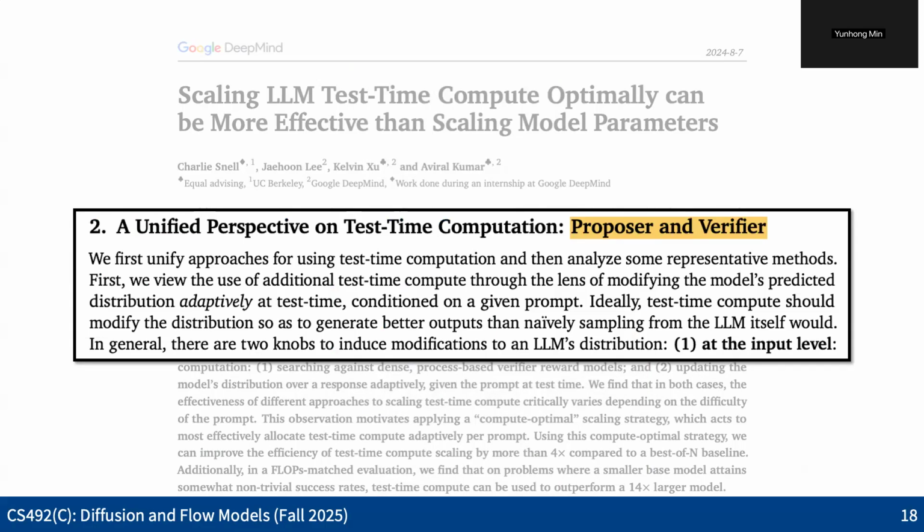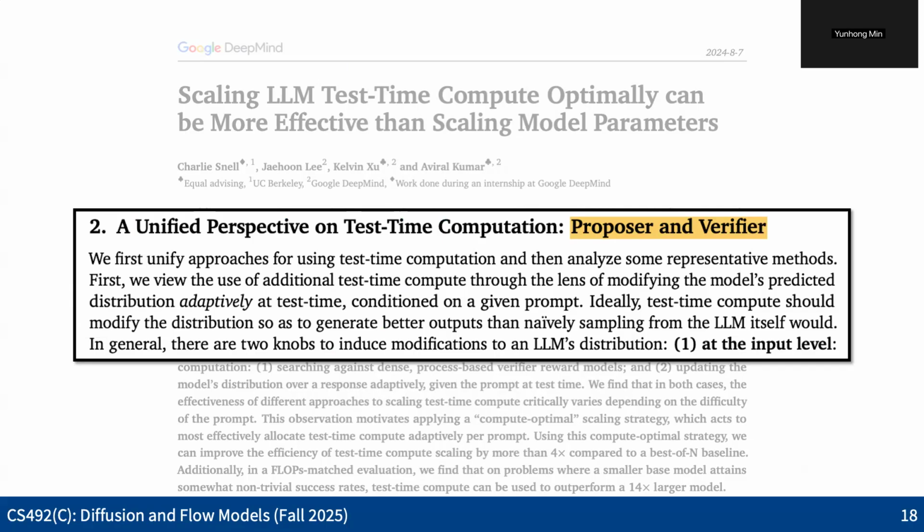So this sounds like we are going back to the GAN framework, right? The proposer is the pre-trained generative model, and the verifier is another model. It can be a neural network, some kind of code, whatever, just verifying whether the output from the proposer is good or bad.